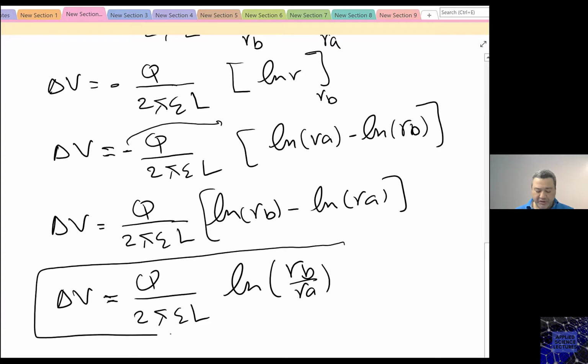So this is the potential difference between two concentric cylindrical conductors.